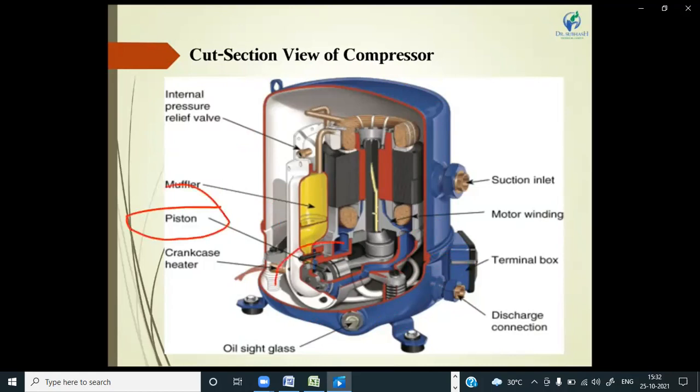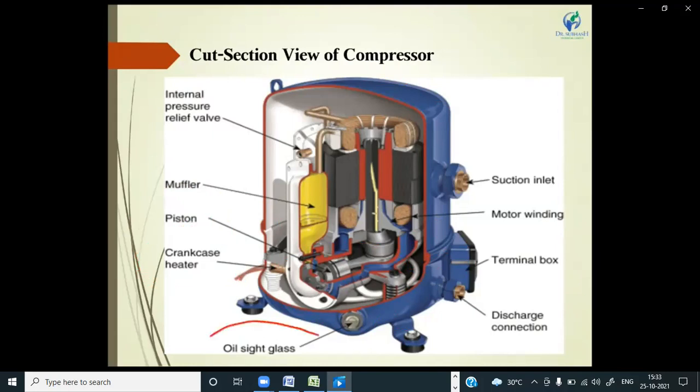This assembled system is a single acting reciprocating pump, with one piston and one cylinder, one inlet and one outlet mounted on this total assembly for the refrigerant flow from lower pressure to higher pressure. This is the crankcase heater. In winter conditions, sometimes the single acting reciprocating mechanism does not work, so a crankcase heater is given for smooth running.